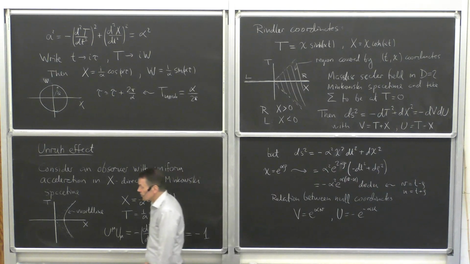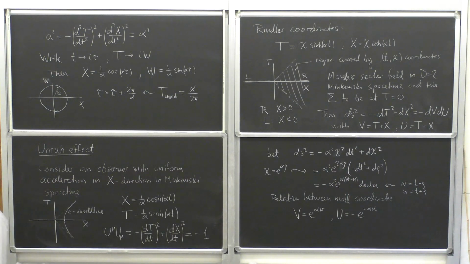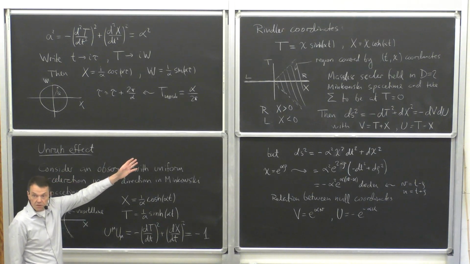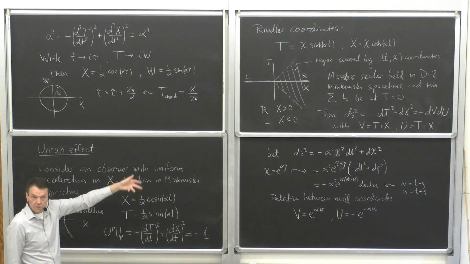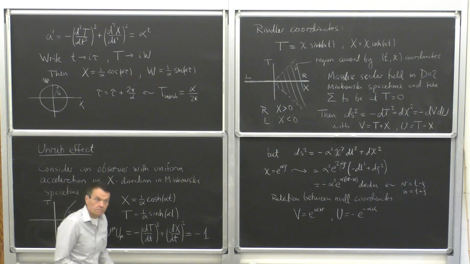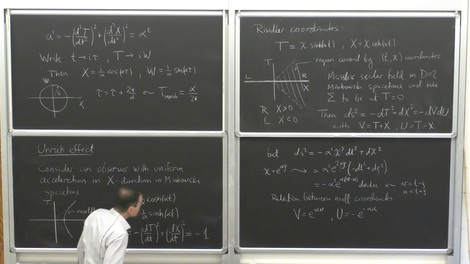I want to ask, what does that vacuum look like from the point of view of the Rindler coordinates? Because those are the coordinates I would use for a uniformly accelerated observer. All right, so that's the next thing I want to do.